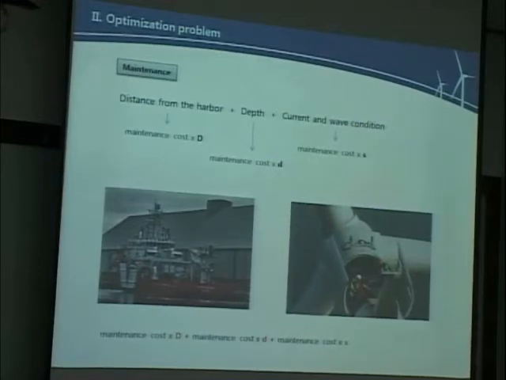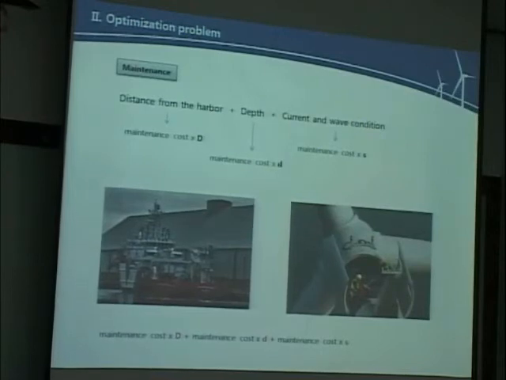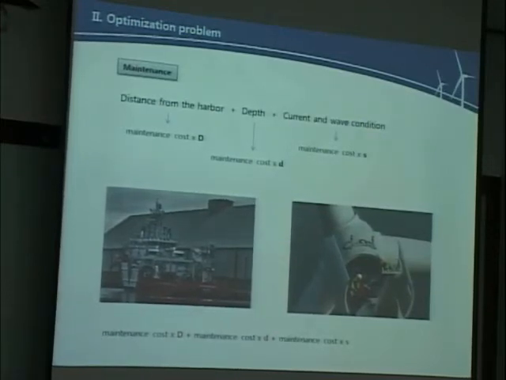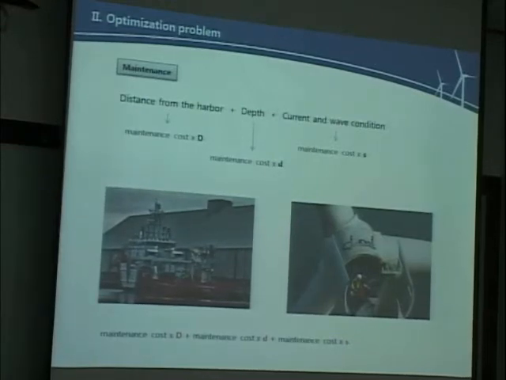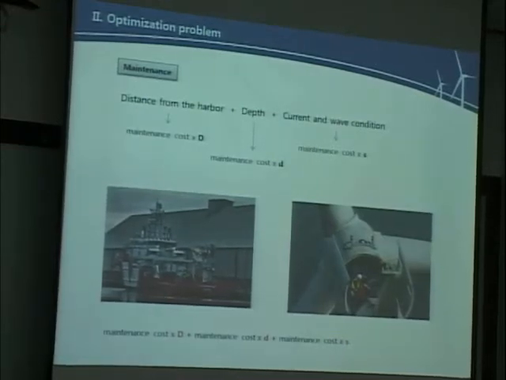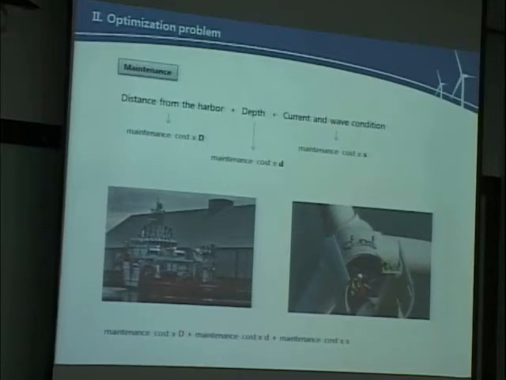The mooring line is also very long, so it requires a lot. It is related to the depth. And its maintenance cost also depends on wind speed. If the wind speed is really high, it is hard to go there, so there is some limitation, and the cost will increase. So finally, we got this function for maintenance.